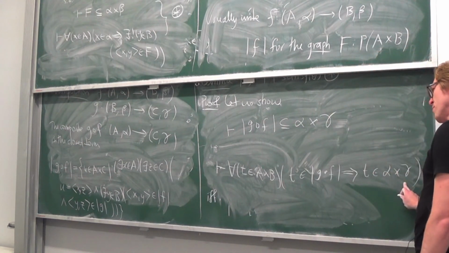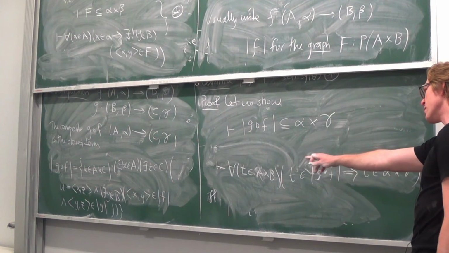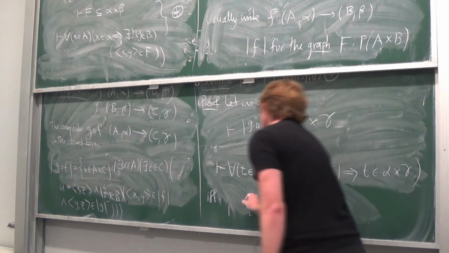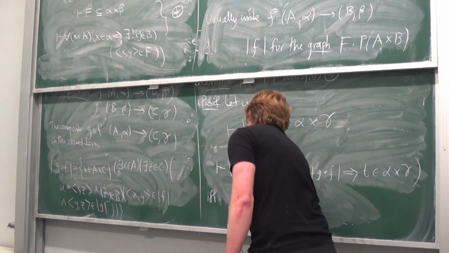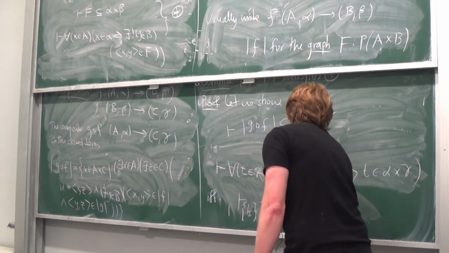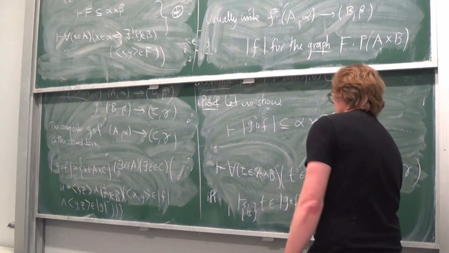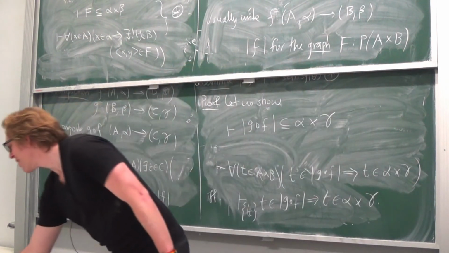So that's what we've got to prove. So we need this at the bottom of a proof tree. But we know that having this is the same as having this in context T. Okay, so that's what we've got to get.